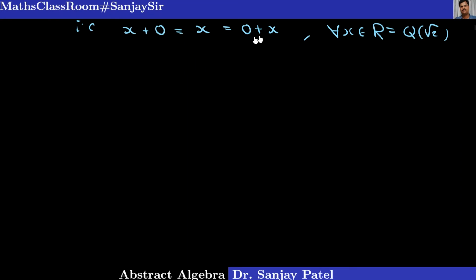The next is the negative element, or you can say additive inverse. So, negative element in Q(root 2).